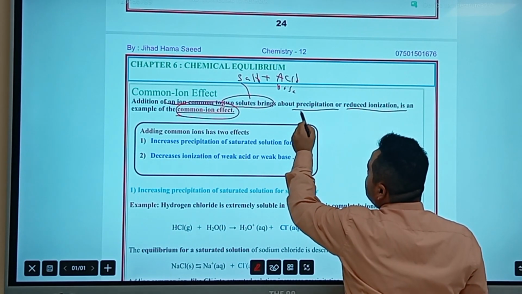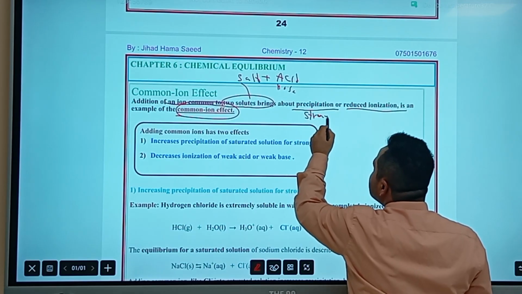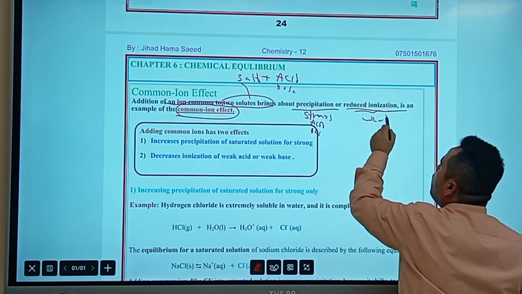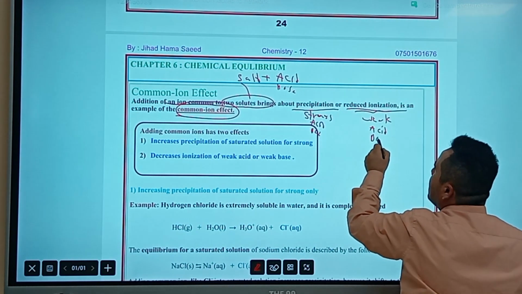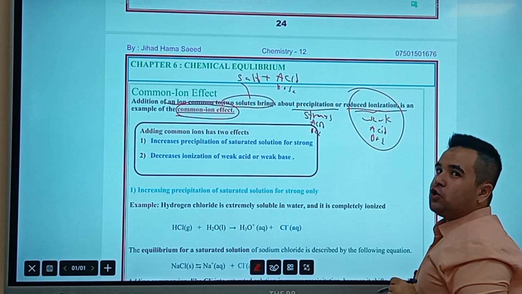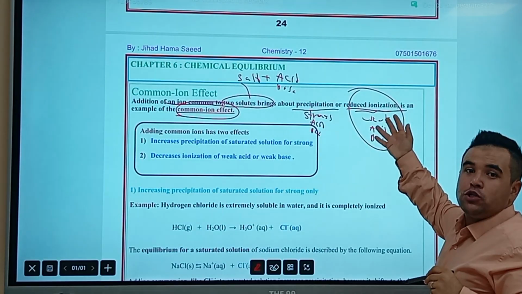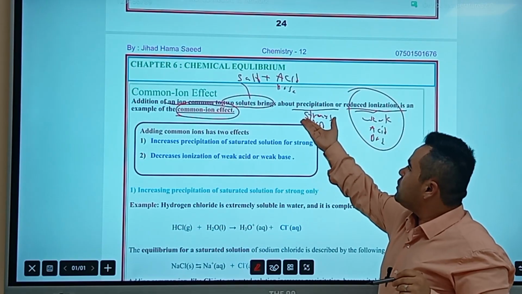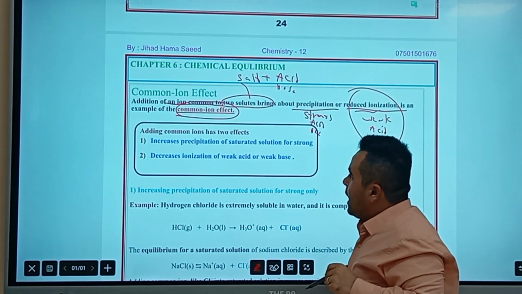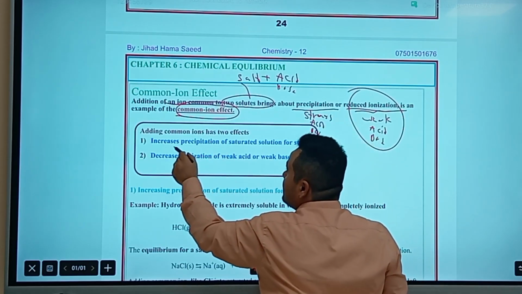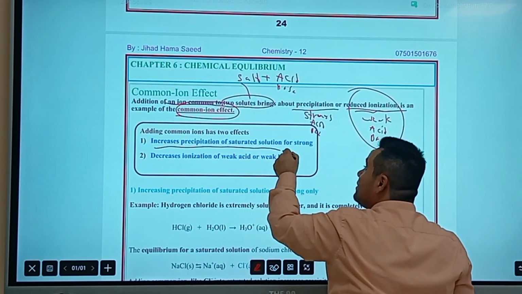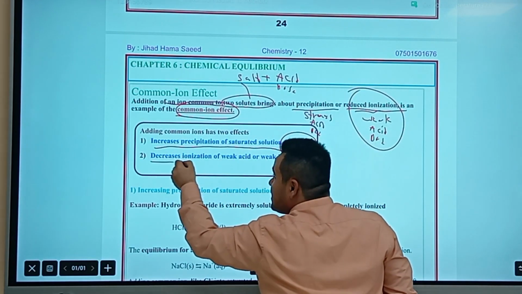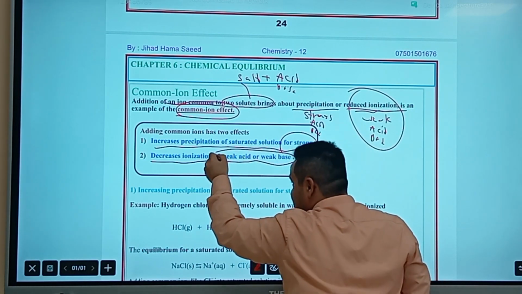The formation of a precipitate is for strong acids and bases, but reducing ionization is for weak acids and bases. So ionization is reduced when the common ion is between a salt and a weak acid or base, and precipitation increases when the common ion is between a strong acid or base and a salt. Adding a common ion has two effects: increased precipitation of a saturated solution for strong acids and bases, and decreased ionization of weak acids or weak bases.